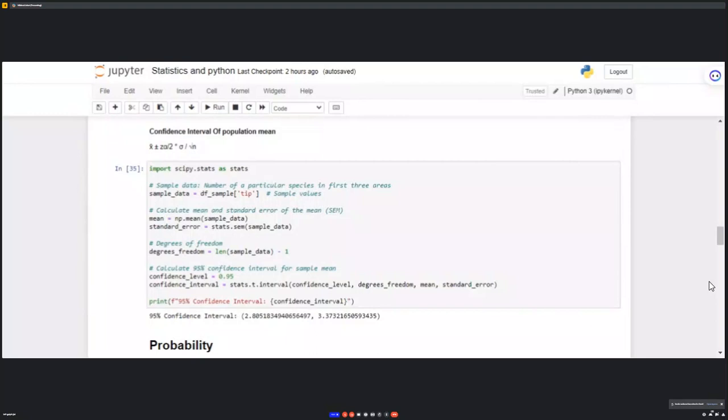Yeah. So from this formula, X bar is the sample mean, then it's plus or minus the Z score with alpha over 2. I've told you how to calculate the alpha. Then you multiply by the standard deviation, dividing by the square root of n, where n is the total number in the sample.